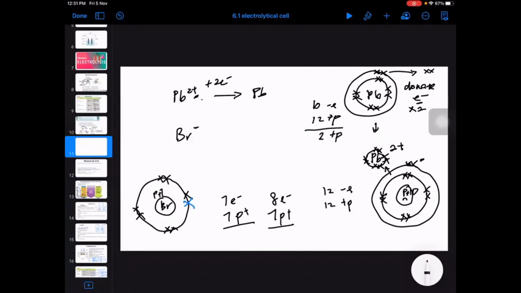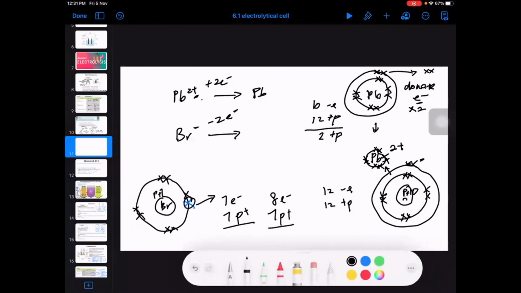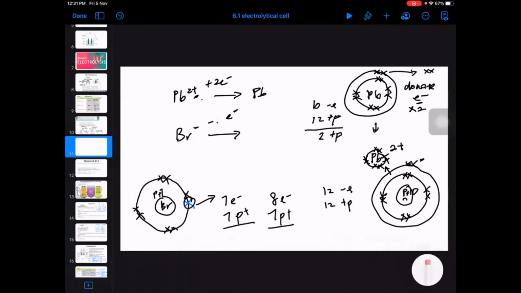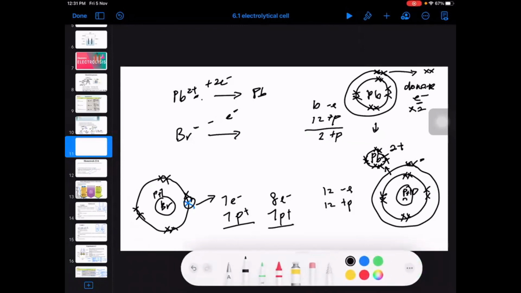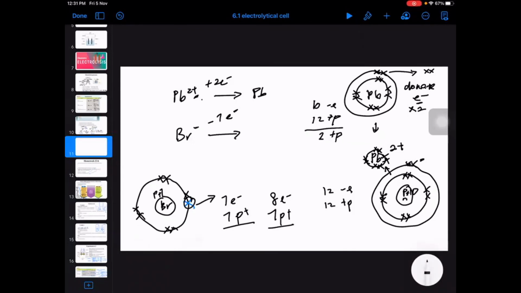Okay, so now if bromide wants to go back to neutral, it needs to throw away this electron. It throws it away, so it loses 1 electron and becomes neutral.